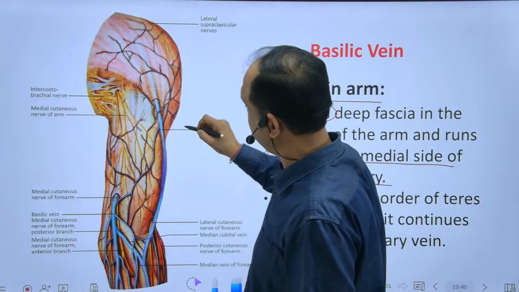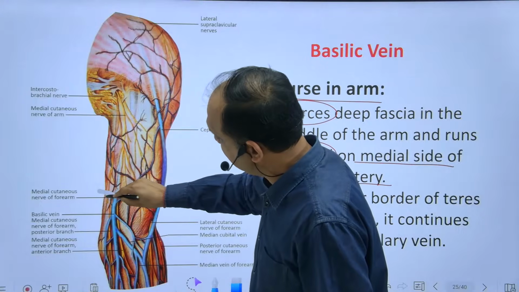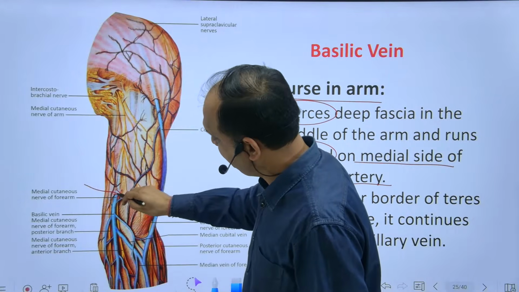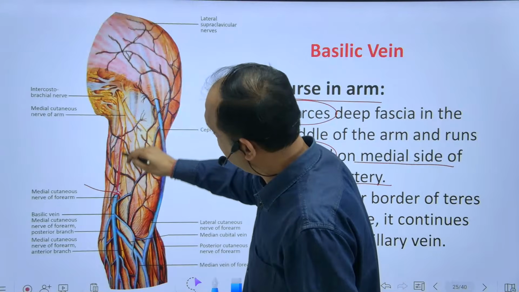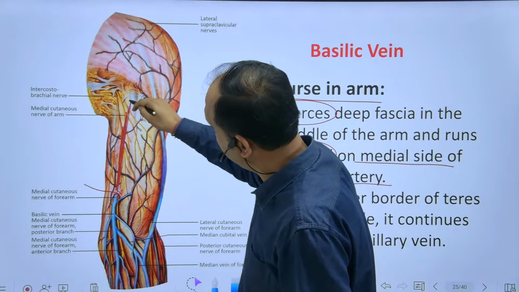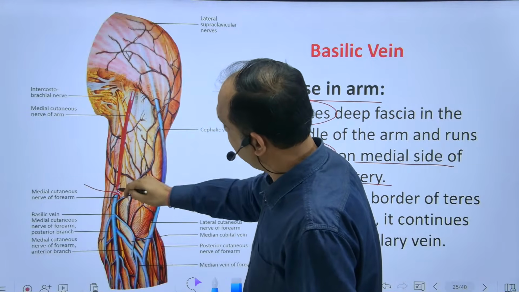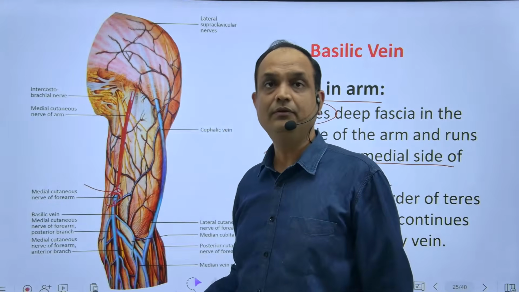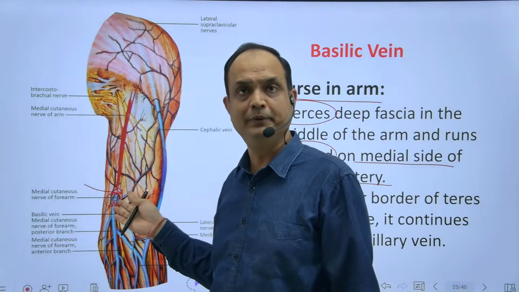So here, this is the point where you are able to understand that this is your vein and this vein is here. Now this vein is nothing but the axillary vein, and this axillary vein is a continuation of the basilic vein, where it joins some more tributaries.